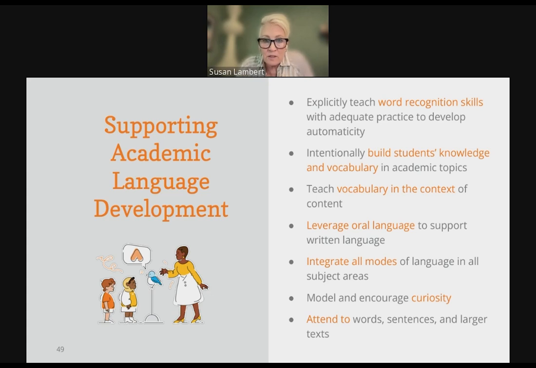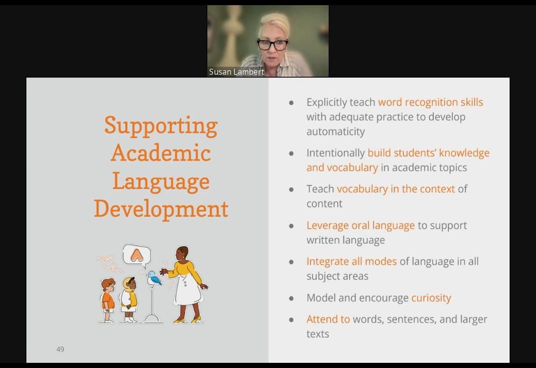We call this the cognitive process of orthographic mapping, which, by the way, if you're a podcast listener, we're going to do an episode on that early in season 10. This is your gateway. Word recognition skills, both for reading and writing, is your gateway into all academic language. It doesn't matter if it's ELA, math, science, history. It's the gateway into better literacy and academic language.